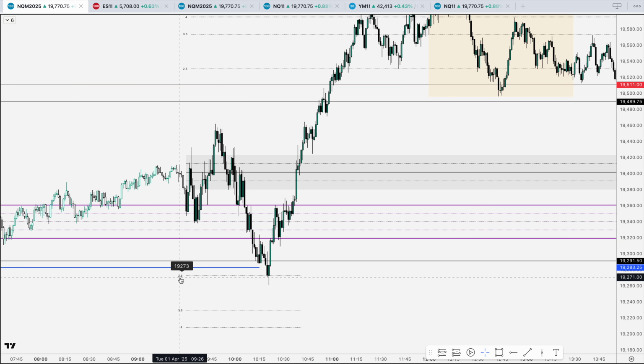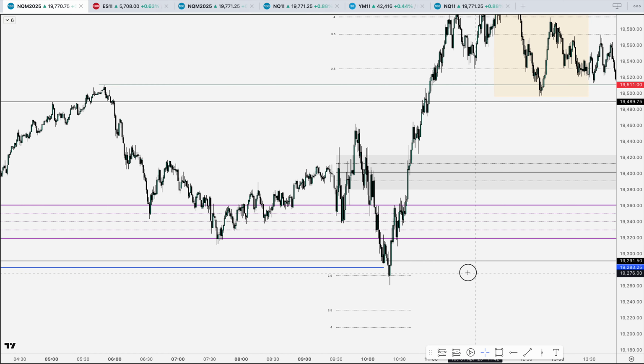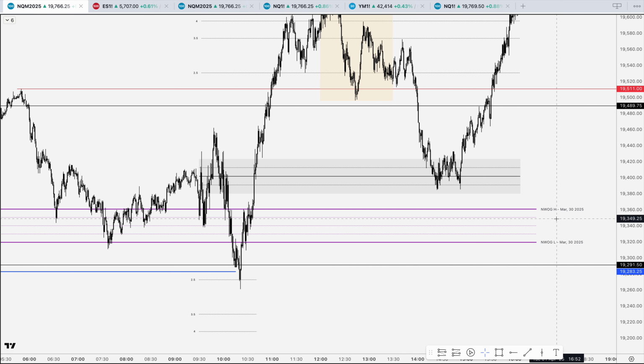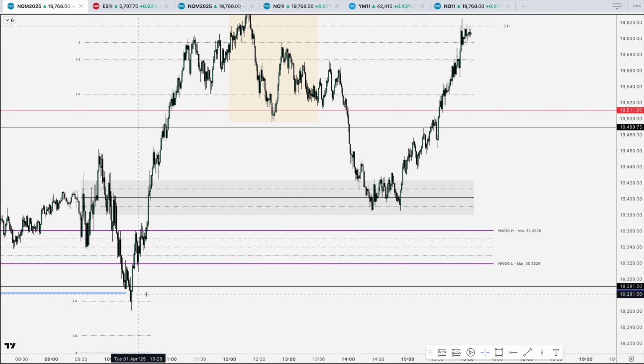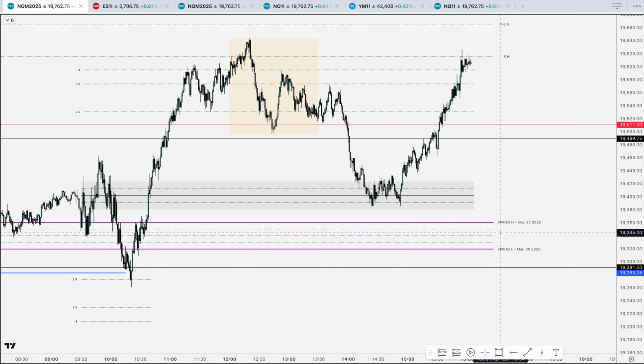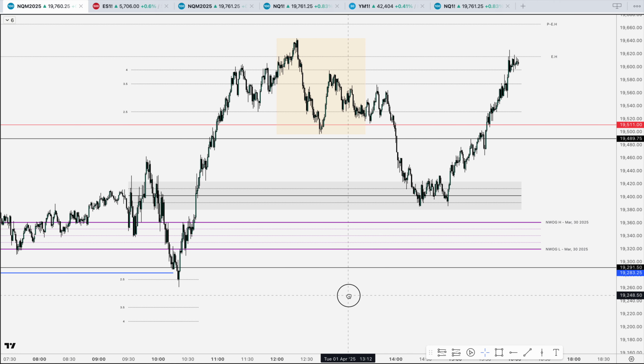Look, for example, here the 4 to the 2.5 standard deviation, and then price comes back and trades inside of the gap, the new week opening gap. So once the buy program has begun, we are using old gaps as new areas for reaccumulation.